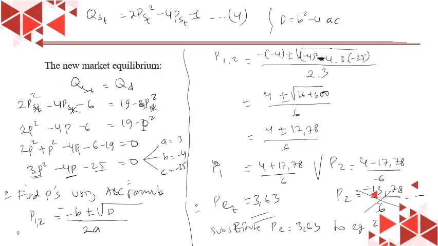So where should I go? I'll go here. QD is 19 minus p squared. So 19 minus 3.63 squared. That gives you, this becomes QE. Well, let me see.